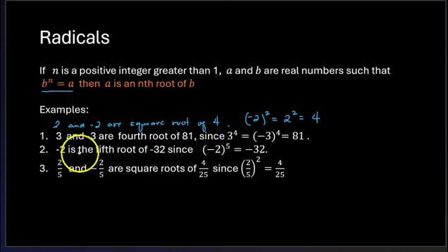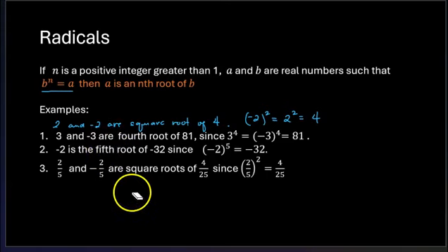But for this one here, negative 2 is the fifth root of negative 32. So there's only one fifth root. Why? Because 2 raised to 5 is positive 32. So positive 2 cannot be a fifth root of negative 32. In this case, it's only negative 2.